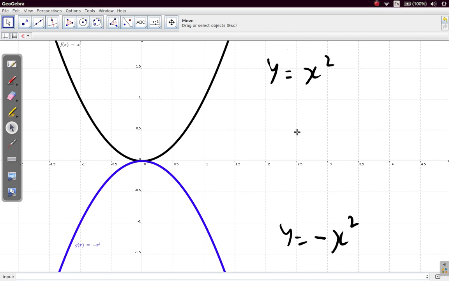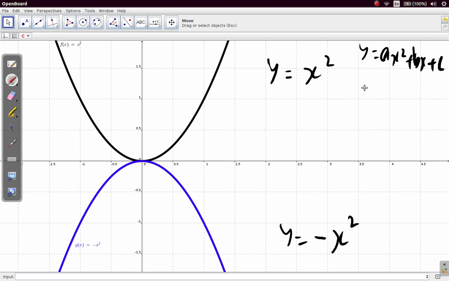So generally, the graph of a quadratic equation is in the form y equals ax squared plus bx plus c, as you remember. Now, in our case, our b is 0 and our c is 0.